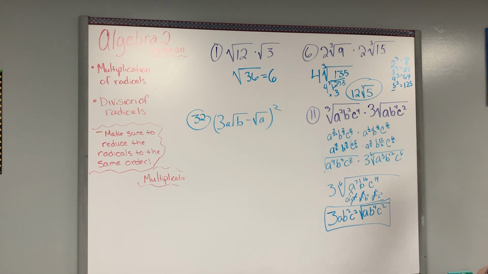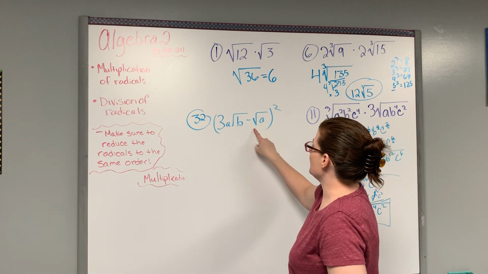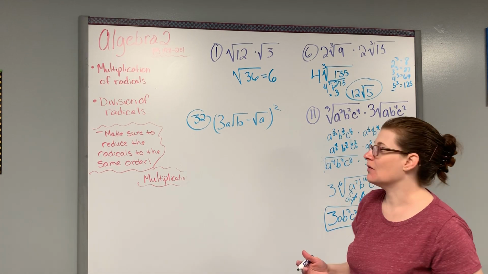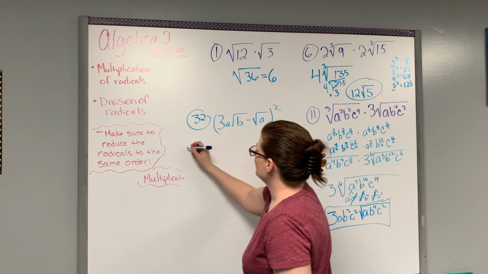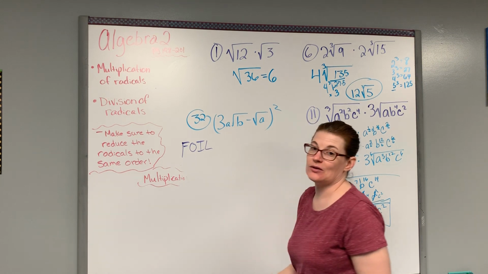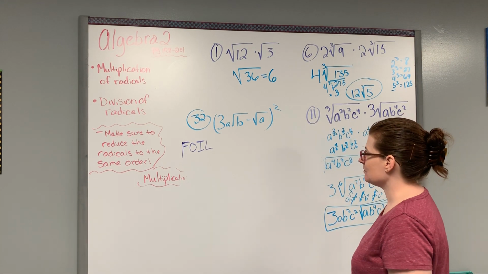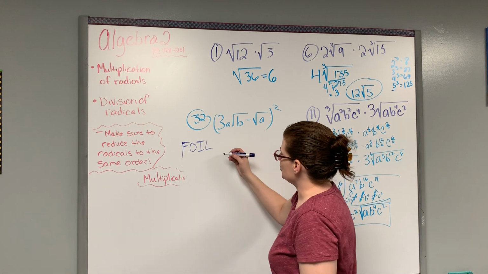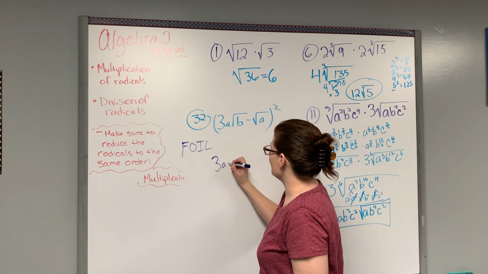Okay, it is a binomial squared. That means one term here, one term here. Binomial means two terms, which means you have to FOIL, okay? Which is something we learned in Algebra 1. We need to expand this parentheses, which just means to write the problem out completely.